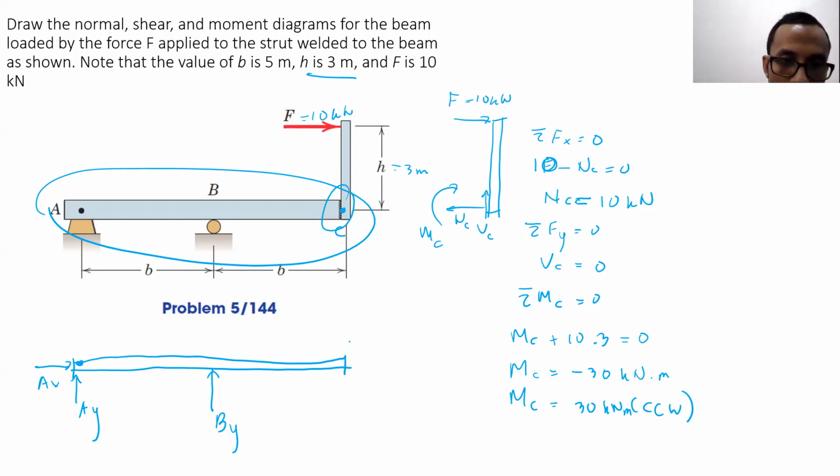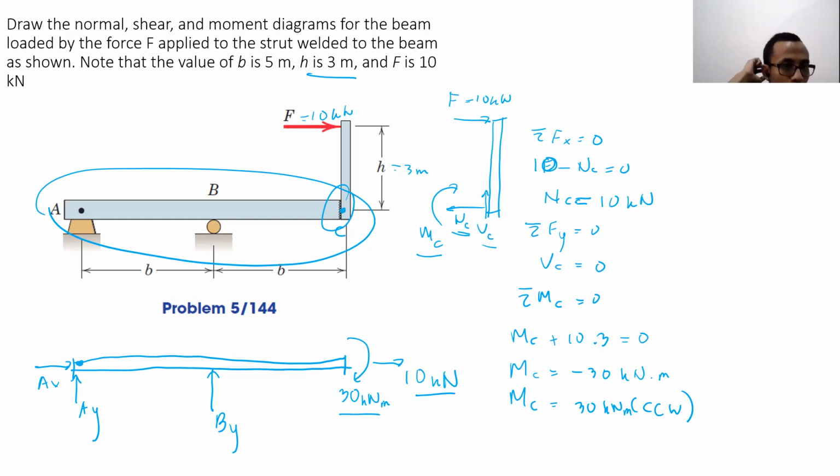So here it will be clockwise, 30 kilonewton meter. And then we have NC, 10 kilonewton. It's supposed to be going to the left, so here, action and reaction is supposed to be going to the right. The VC is 0, so it's just like this. So now, what you have here will become our external force at point C there.